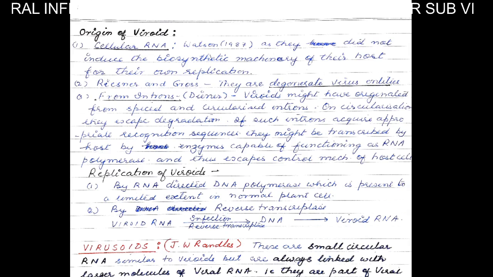Exons are actually the coding parts which code for proteins, whereas introns get spliced because they are of no use.